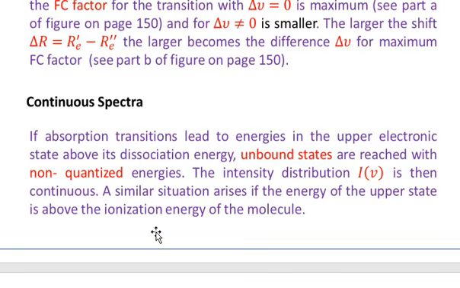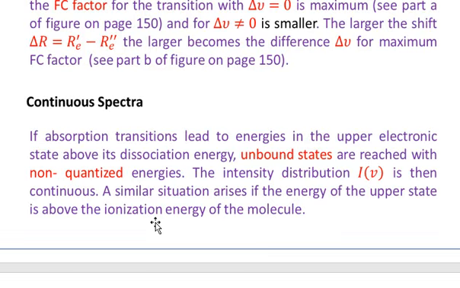The second is the levels above the ionization energy of the molecule, where we have a continuous band of energy.